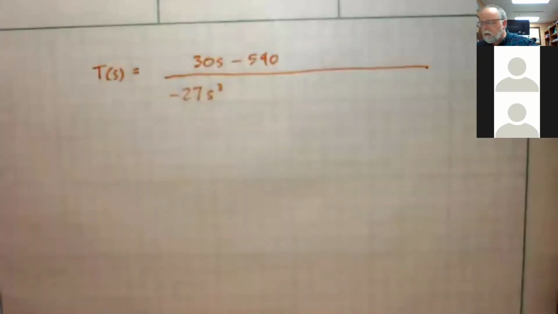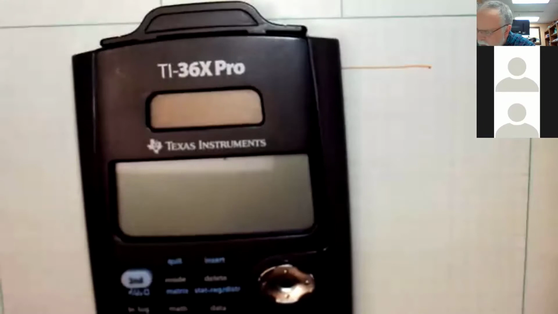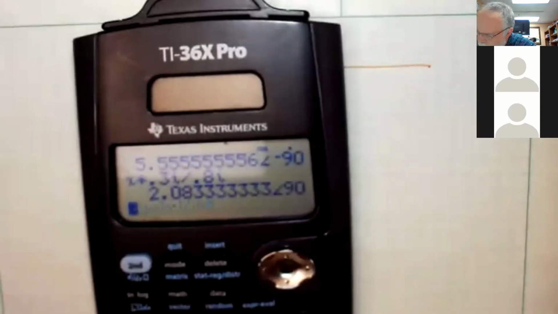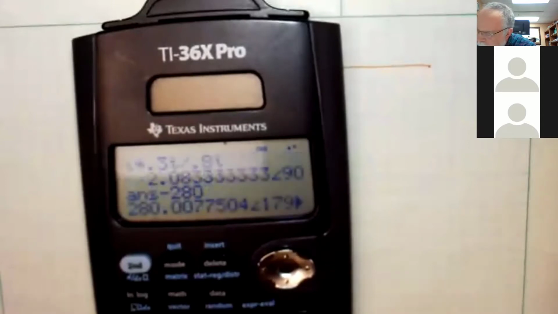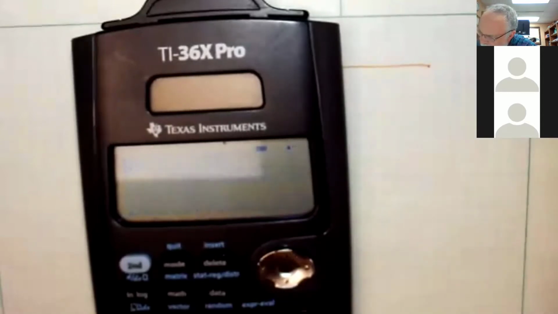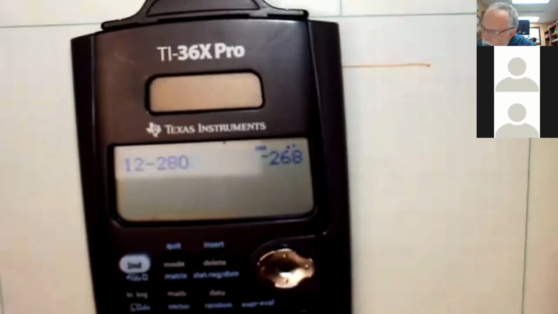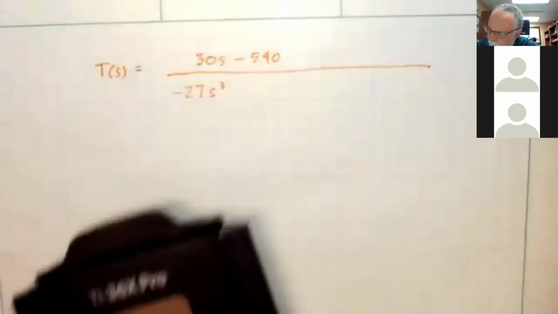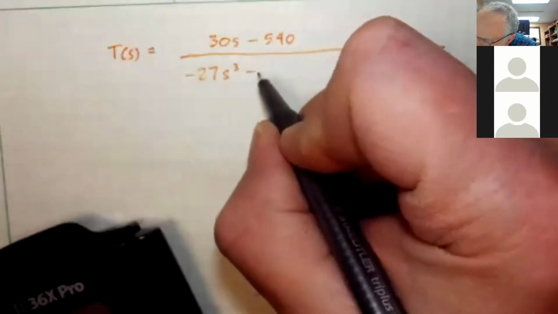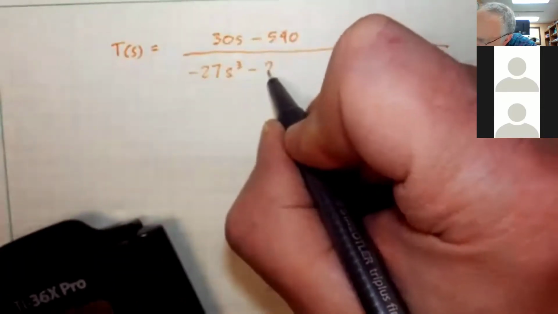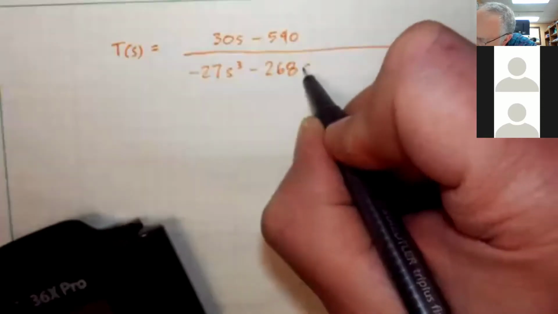I've got to grab the calculator for that. 12 minus 280 is minus 268, so minus 268S squared.